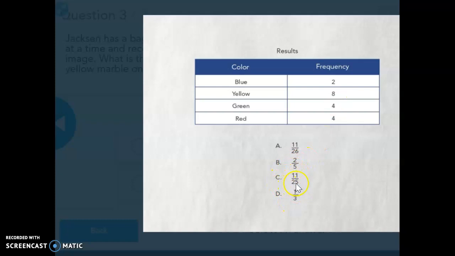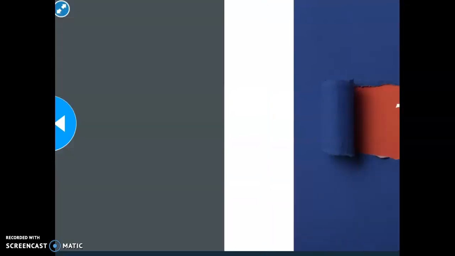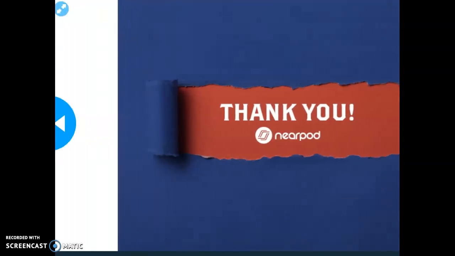And the only equivalent fraction to 44% is C. So you would scroll down and select that. And that is the end of the lesson on experimental and theoretical probability.